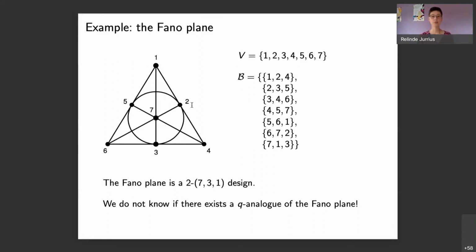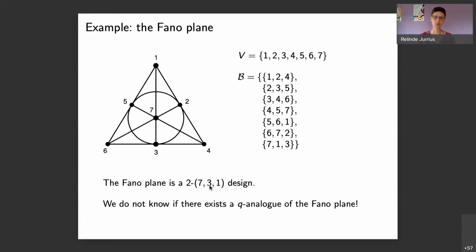The thing is, we don't know if there exists a q-analogue of the Fano plane, which is slightly embarrassing because the parameters are so small. What you would want for the q-analogue of a Fano plane is a 7-dimensional space, and then I take a bunch of 3-dimensional spaces in such a way that every 2-dimensional space is in exactly one of the 3-dimensional spaces. The reason why we don't have it is because it's incredibly big.